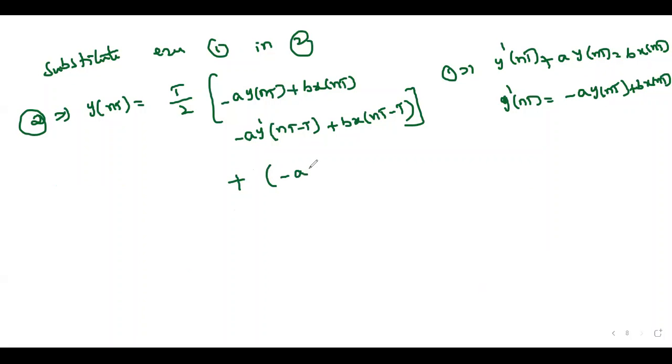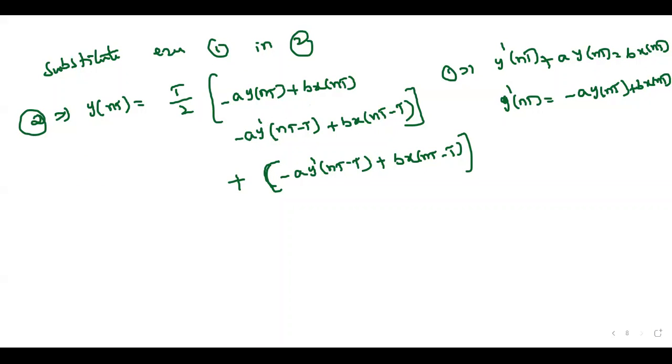That means minus a y of nt minus t plus b into x of nt minus t. Done. Now we will simplify this. This is nt.